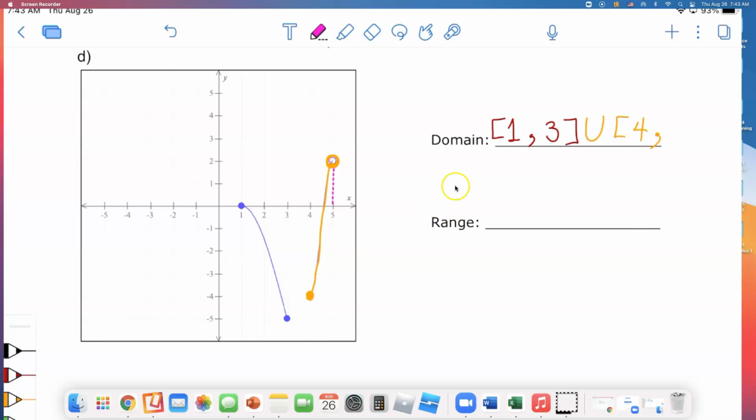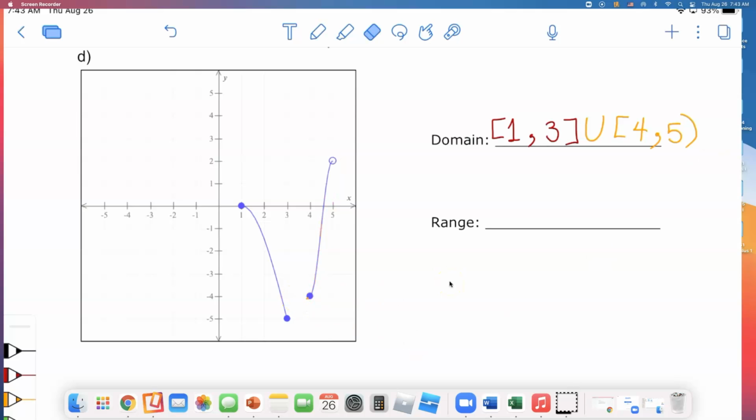So whenever you're reading the domain, make sure you're reading the numbers off the x-axis, okay? Don't look at the y value. Y values are for the range, okay? So if I read the number off this x-axis, I'm going to say that it stops at 5, but because that point was open, I'm going to draw a parenthesis after 5. So that's the domain of this piecewise function.